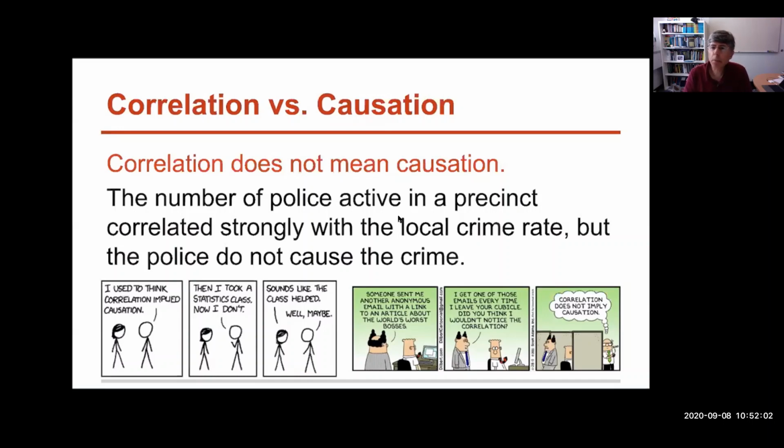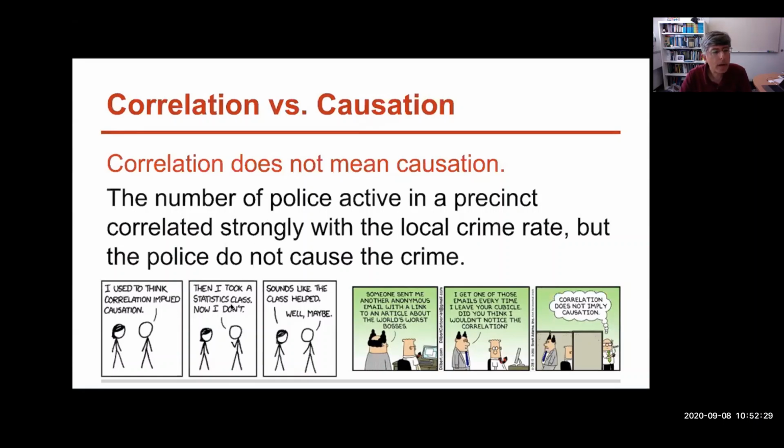Now, is it that the police are causing the crime, or are the police reacting to the crime? I'd like to think that the reason you have more police in a district generally is that that's where the crime rate is. It's not the police causing the crime, it's the crime causing the police. Not perfectly, but that's the idea.